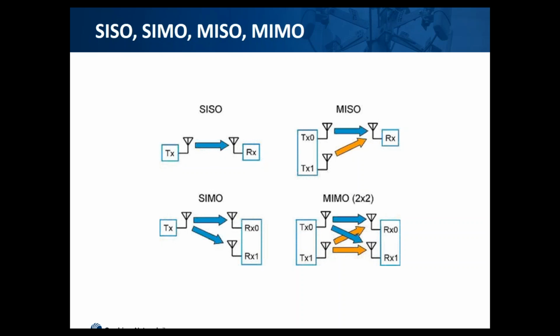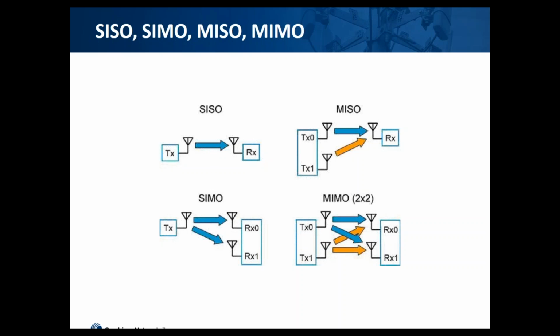The last case is MIMO, multiple input, multiple output. In this case, we have 2 or more transmitters and 2 or more receivers. This is a combination of the two previous SIMO and MISO cases. Note that here we are talking about 4 different channels because the signal transmitted by transmitter 0 travels through 2 channels and is received by the 2 receivers.